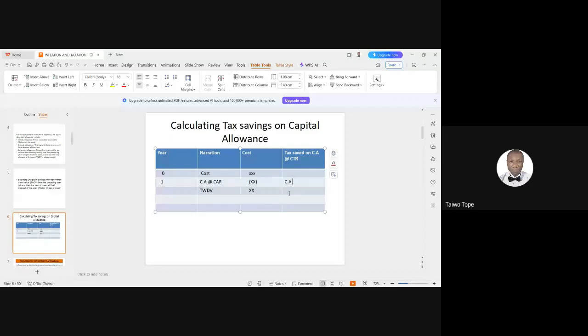Capital allowance multiplied by the tax rates.